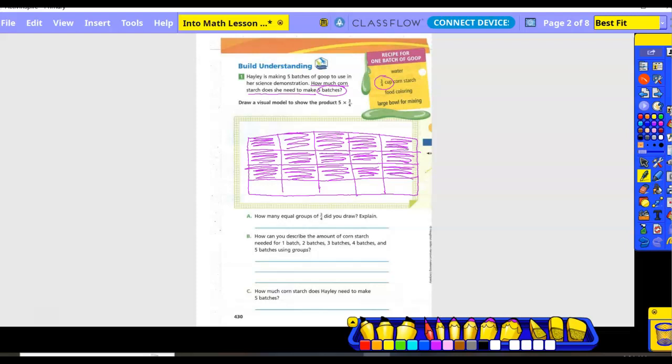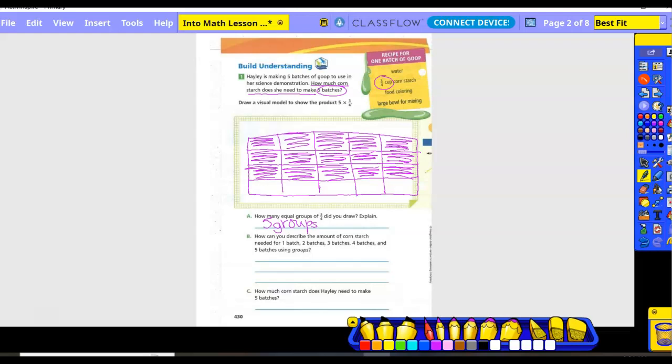Okay, so how many equal groups of 3/4 did you draw? How many batches were there, guys? Okay, so 5 groups. How can you describe the amount of cornstarch needed for batch 1?